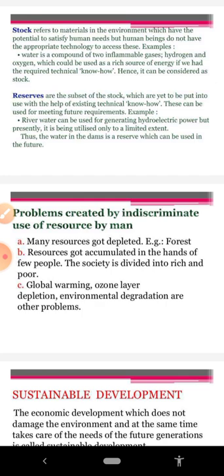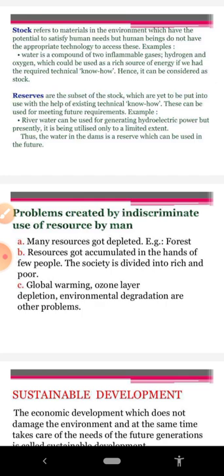We must also utilize the resources in a judicious way. A judicious, rational, and equitable distribution of resources is essential for sustained economic development and existence of environment in its original form.